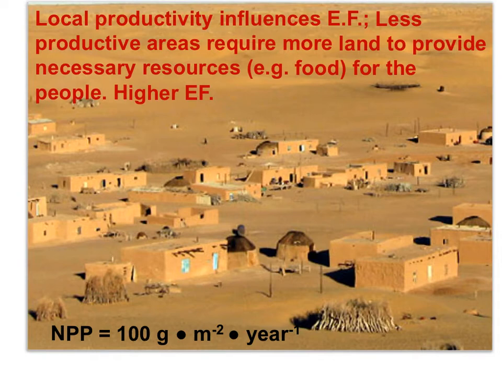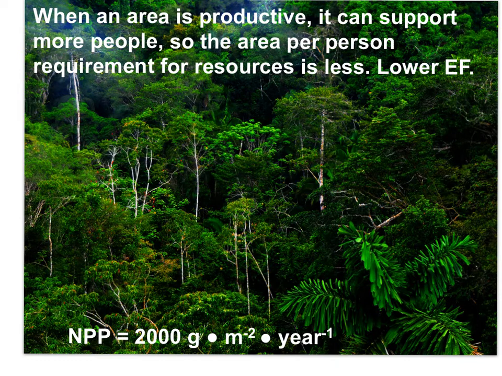The people living in this region would have a larger ecological footprint than a society located in a more productive area. When an area is productive, high NPP, it can support more people. So the area per person requirement for resources is less. The ecological footprint for people living in the region depicted in this slide would be smaller than for people living in a less productive location.